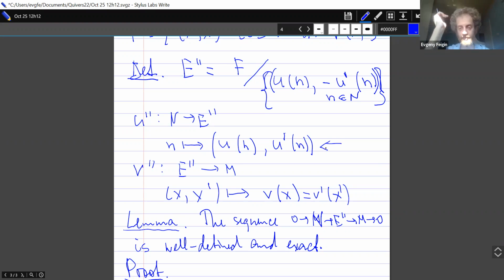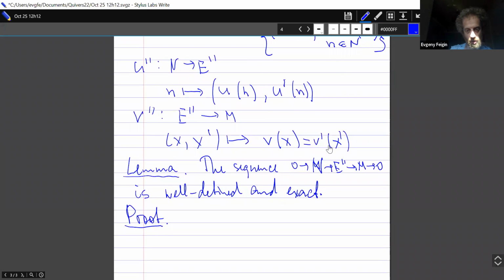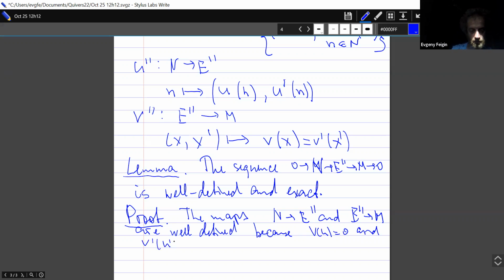And downstairs, the maps n to E double prime and E double prime to m are well defined because v of u is 0 and v prime of u prime is 0.